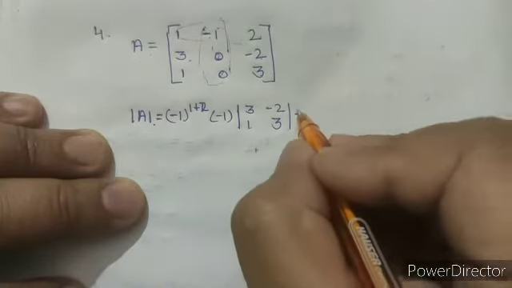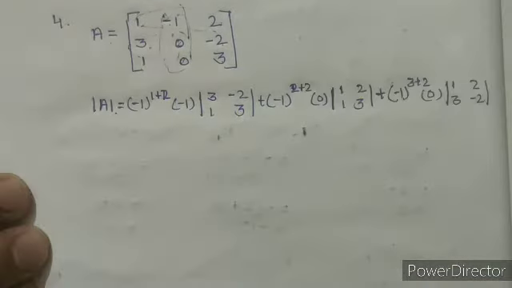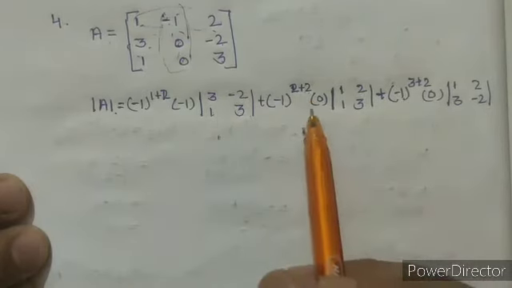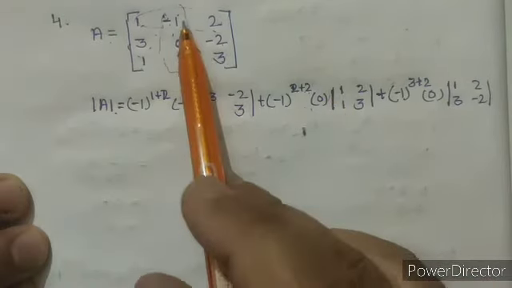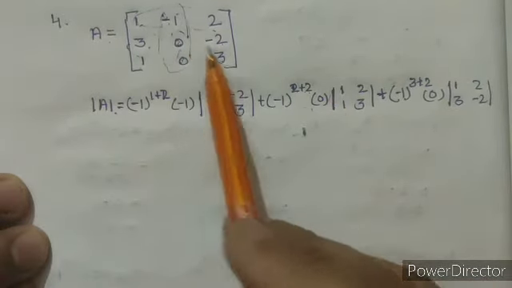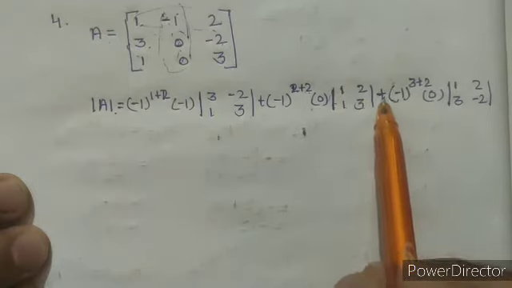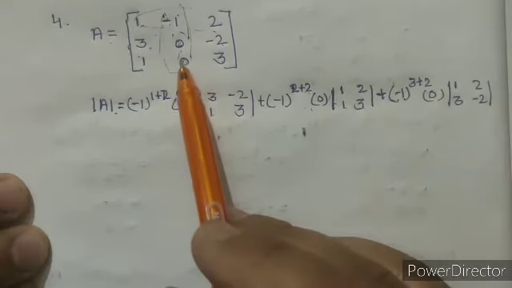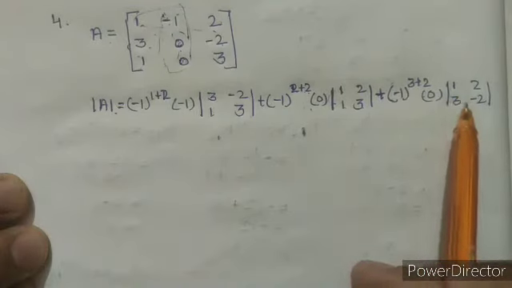Now plus minus 1 raised to power 2 plus 2 into 0 for the second element of the second column, into the determinant of 1 2 1 3, plus minus 1 raised to power 3 plus 2 for the third element of the second column, into 0 into the determinant of 1 2 3 minus 2.